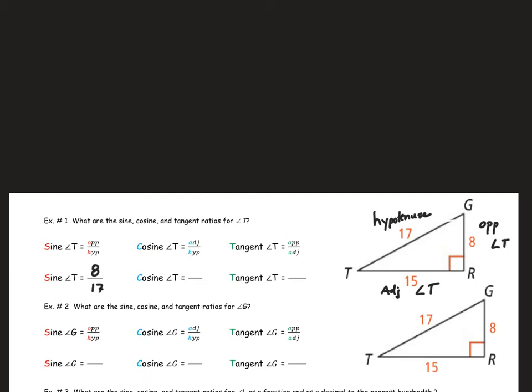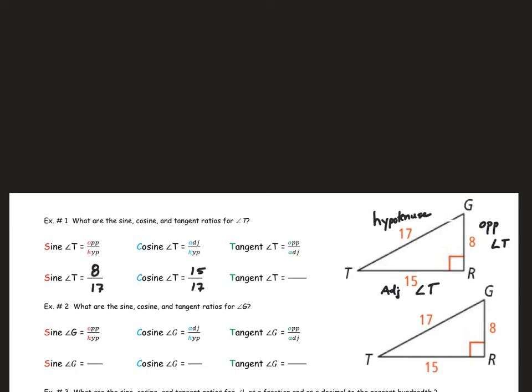What is the cosine for angle T? The cosine has to be the adjacent side over the hypotenuse. The adjacent side in this problem is 15, and the hypotenuse we know is 17.